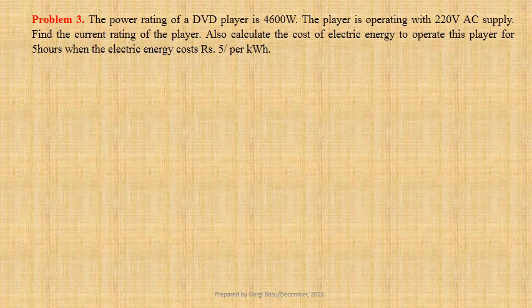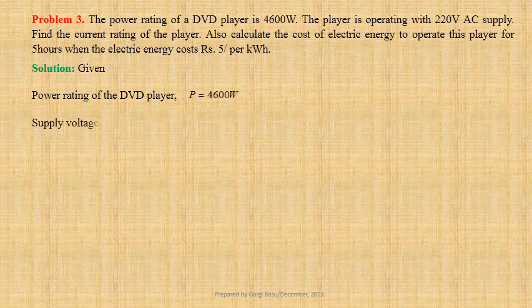Let us first write down the given data. Power rating of the DVD player P = 4600 watts. Supply voltage V = 220 volts. Operating time T = 5 hours.